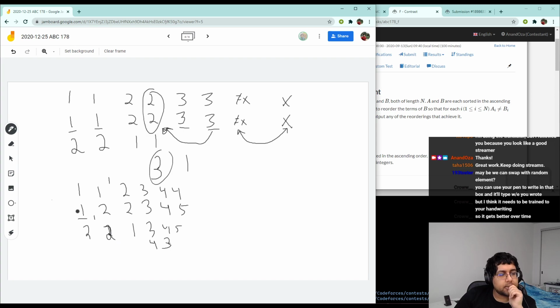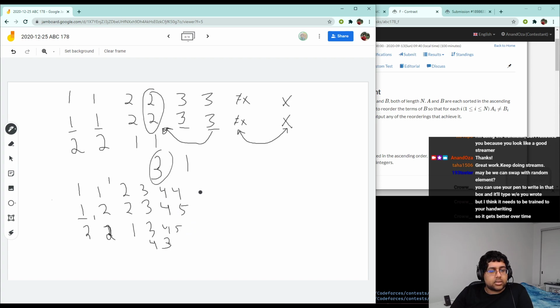But you want to find the first element that's greater than your current element. So I think you can keep doing that. If you have a collision, you know that there's going to be at least one element after it that's greater than it, unless your element is the very last element.